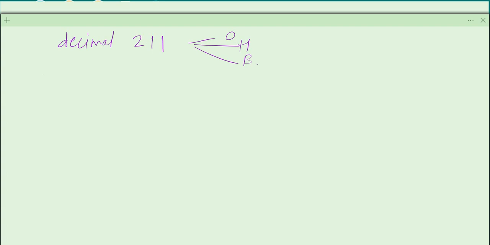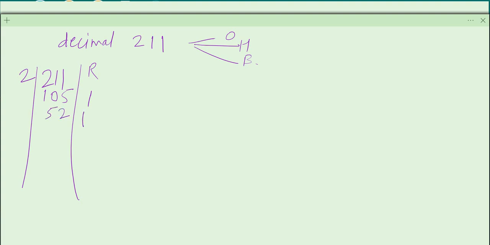For binary, 211 divided by 2: 105, remainder 1. Then 52, remainder 1. Then 26, remainder 0. 13, remainder 0. 6, remainder 1. 3, remainder 0. 1, remainder 1, and 1 divided by 2 is 0, remainder 1.